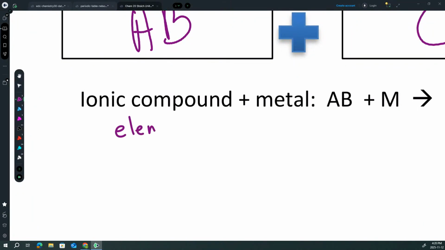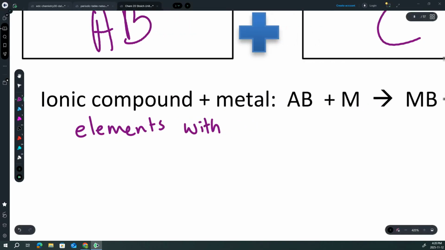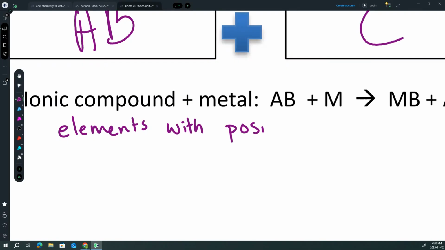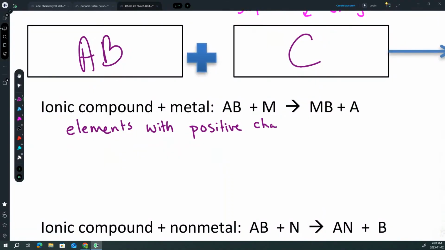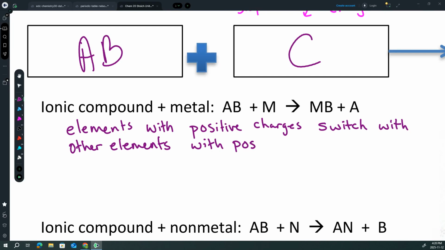So elements with positive charges switch with other elements with positive charges.